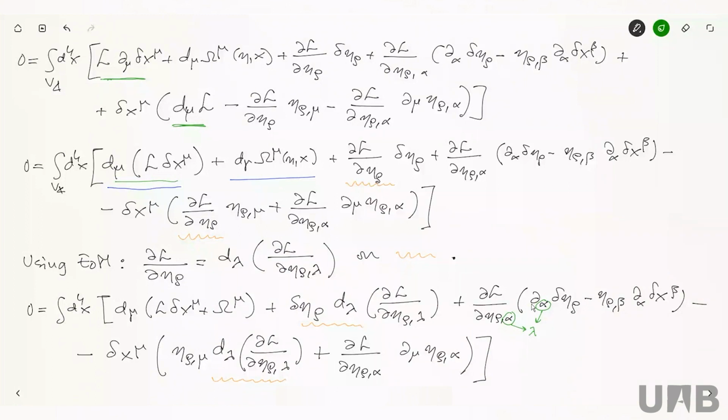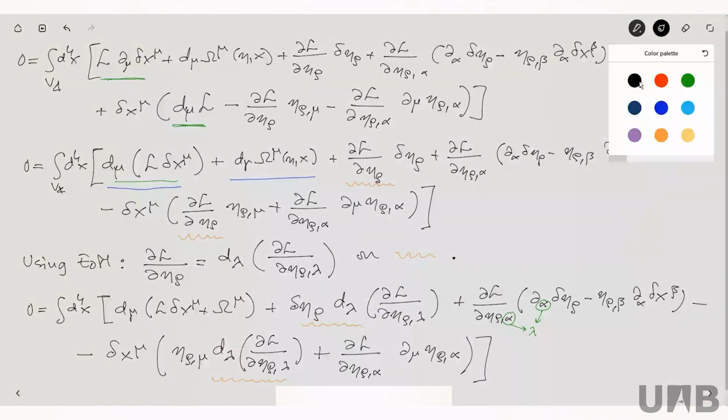So let's do that. At this point, this is the only thing I'm going to do. Let's write all the terms step by step. So 0 equals the integral d4x over b4.